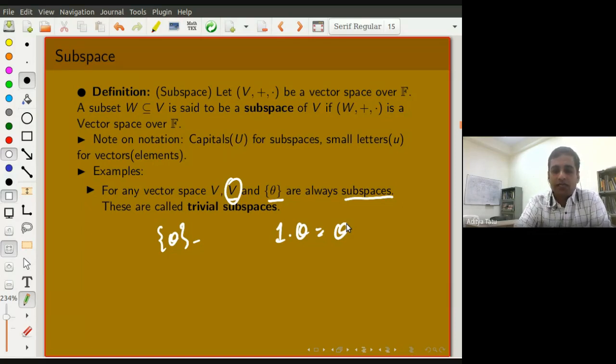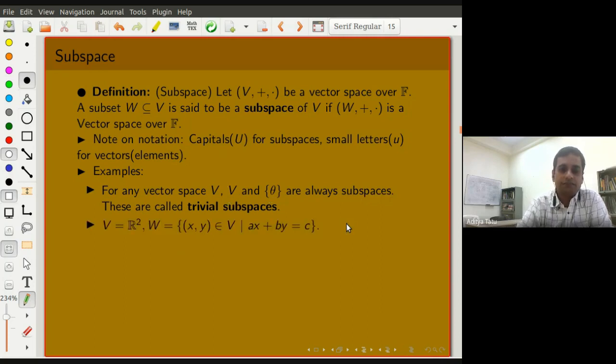Let's look at more specific examples of subspaces. Let's take R2, because that's the example of a vector space that we have been using right from our school days, the XY plane. Let us take a subset of this R2. This is directly connected to that tutorial question that we started discussing at the beginning of the class.